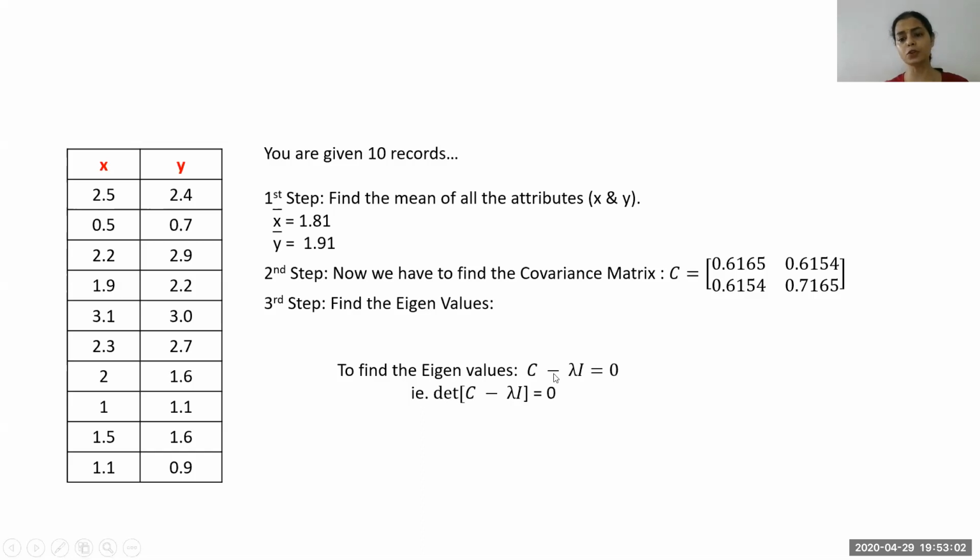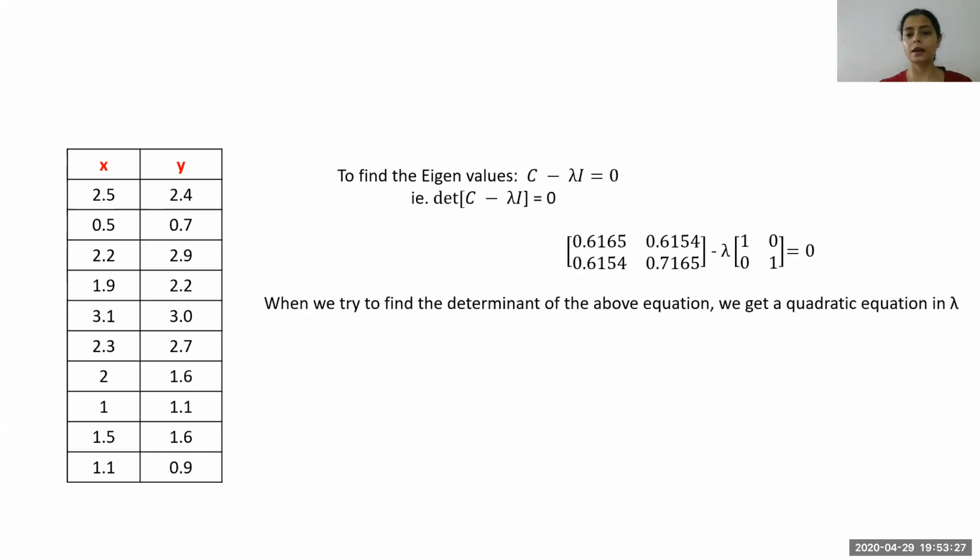What we are ideally supposed to do is find the determinant of this matrix C minus lambda I, where C is the covariance matrix and I is the identity matrix. This is our covariance matrix that we have just found, minus lambda into I, which is nothing but a 2 cross 2 identity matrix.